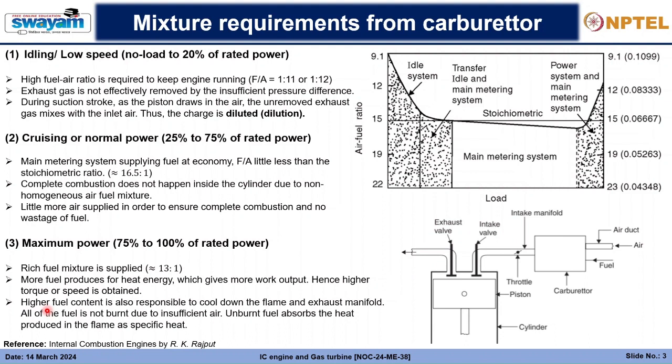And higher fuel content is also responsible for cooling down the flame and exhaust manifold. All of the fuel is not burned due to insufficient air. Unburned fuel absorbs the heat produced in the flame as specific heat. So here, not all the fuel is burned, and sometimes we want the combustion to take place in a controlled way. We do not want the heat to be dissipated too much to the exteriors.